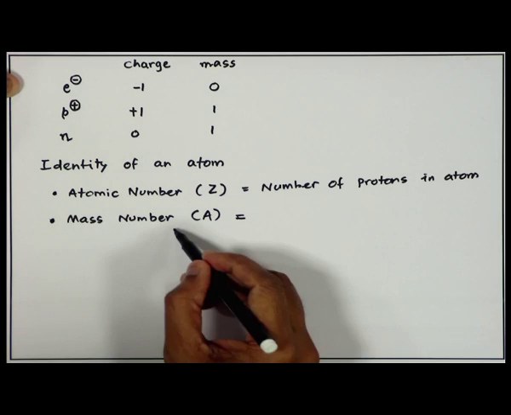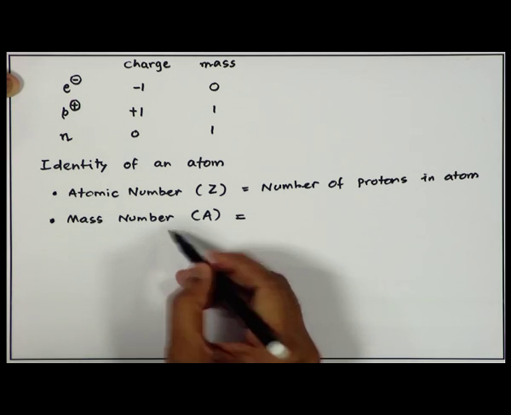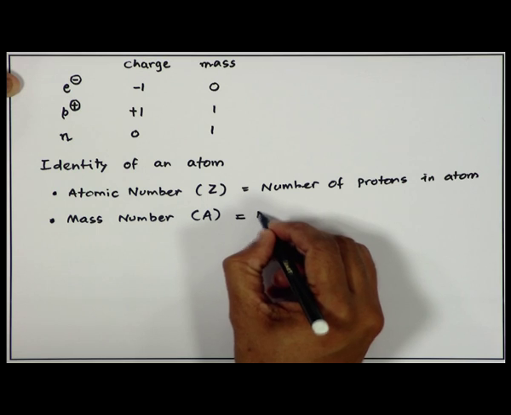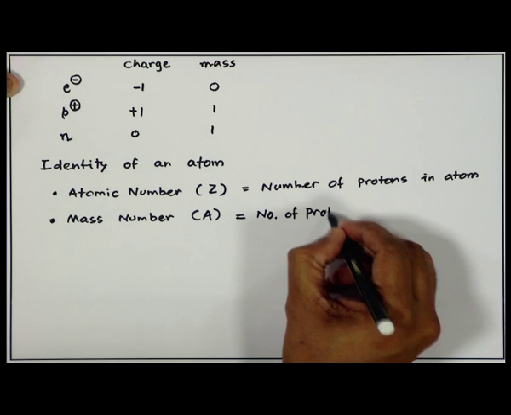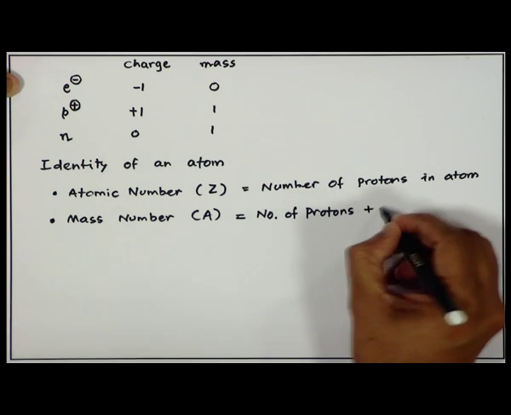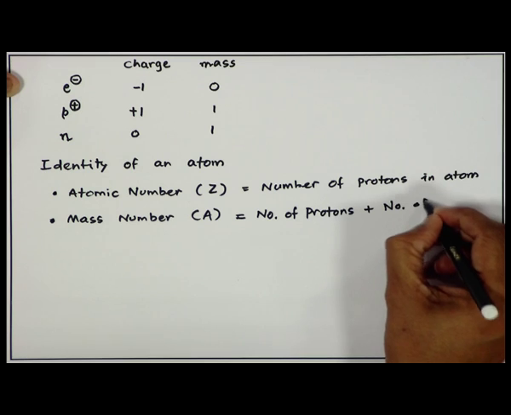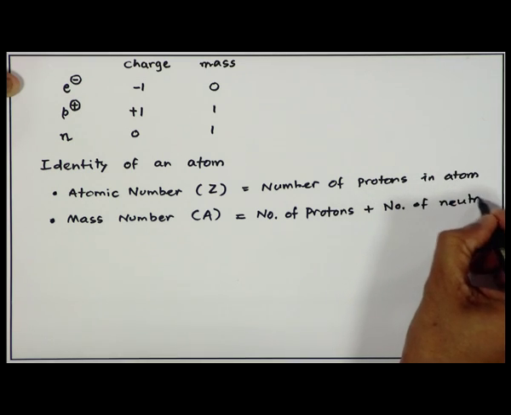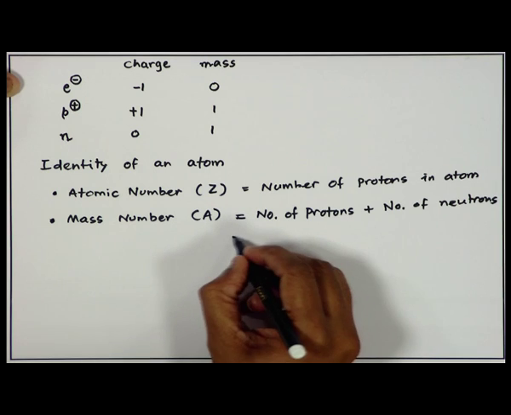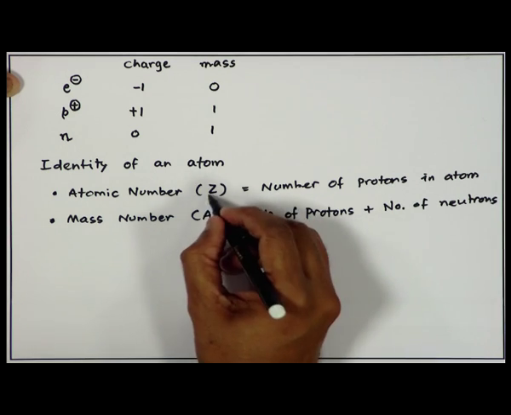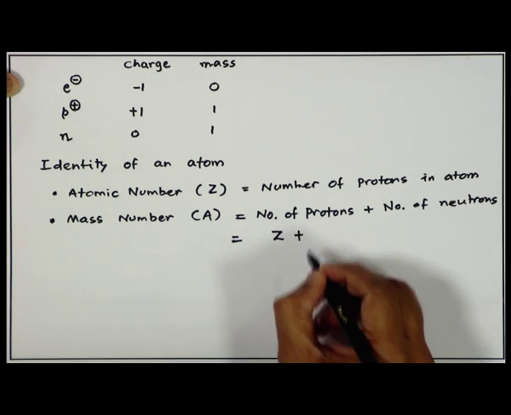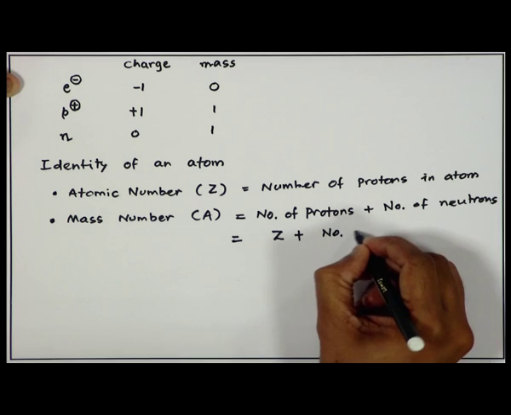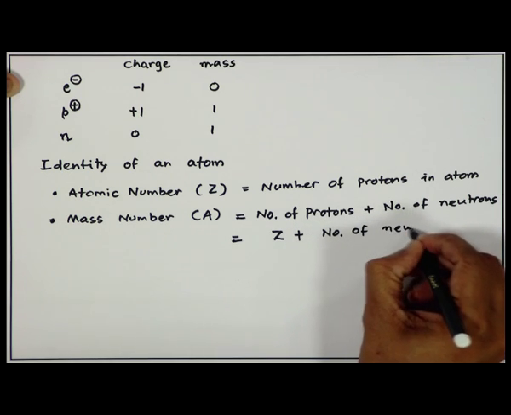So, therefore, when establishing mass number, we say number of protons plus number of neutrons. But we already know the number of protons is given by Z. So, mass number is Z plus the number of neutrons.